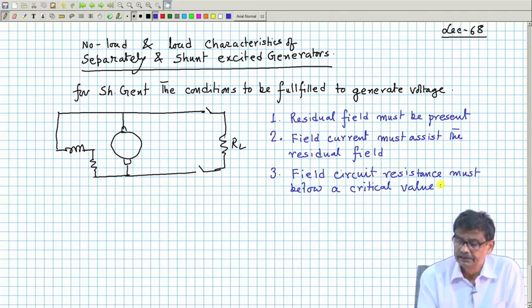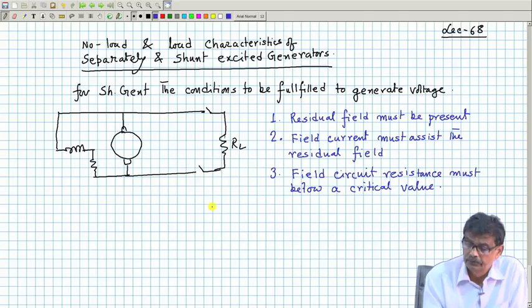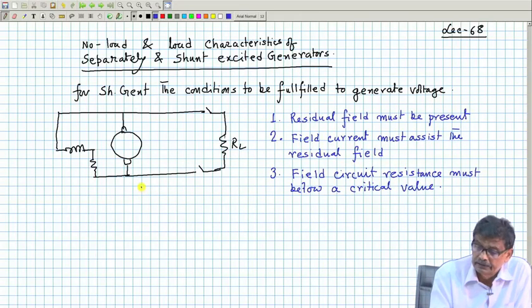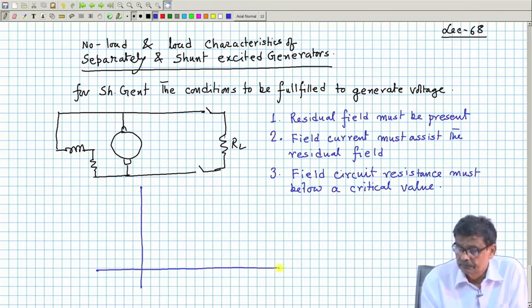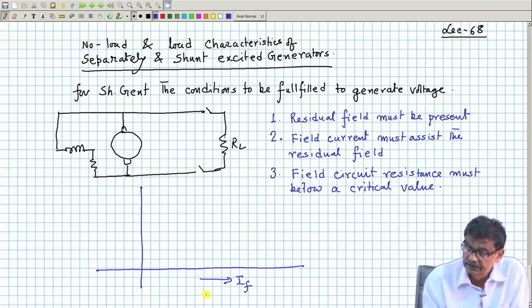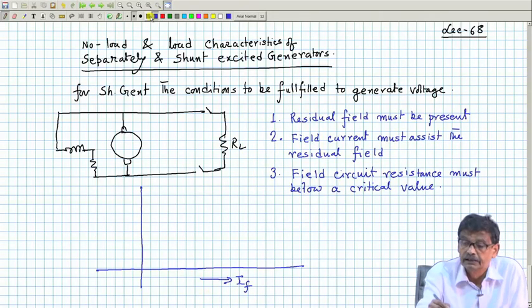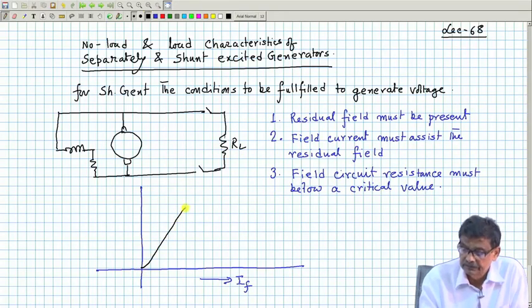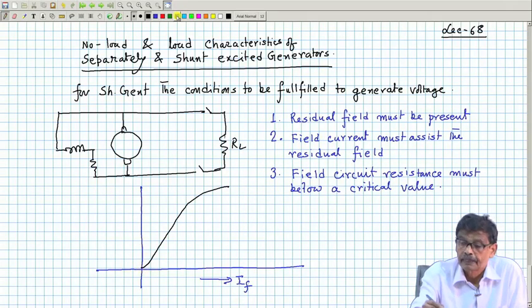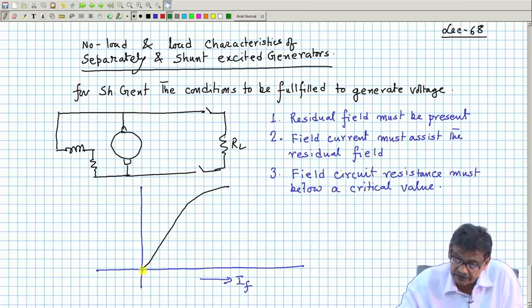The meaning of these things I will just tell you; we know these things, but perhaps formally I did not tell it. If this is your OCC characteristic, this is how in open circuit a shunt generator builds up voltage. There is a small residual voltage, and this is the field resistance line.